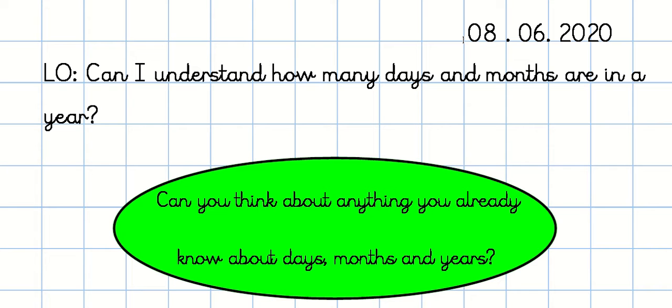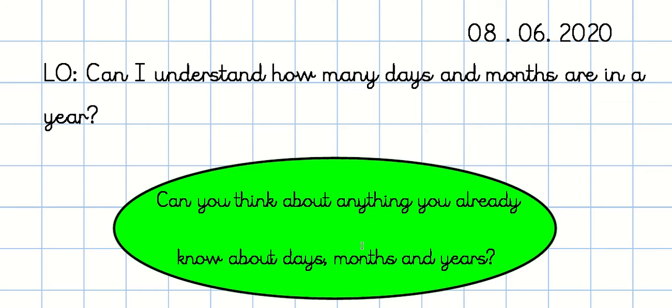Before we start, I'd like you to think about this question here. Can you think about anything you already know about days, months, and years? If you know anything about days, months, and years, jot it down now and list everything you might already know or have already been told. To think about, do you know how many days are in a month?